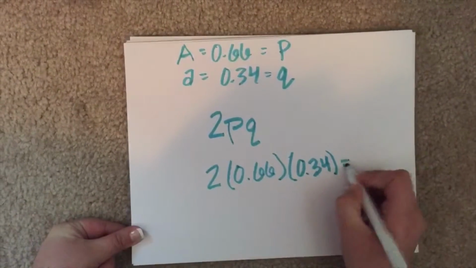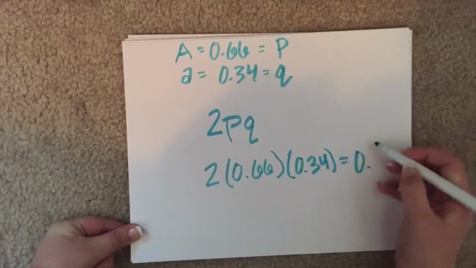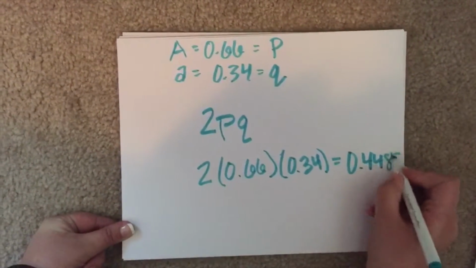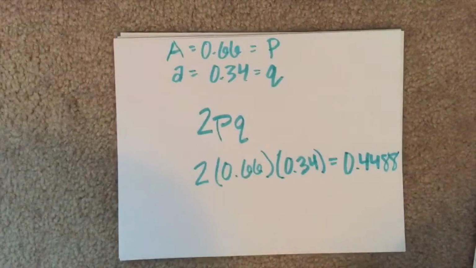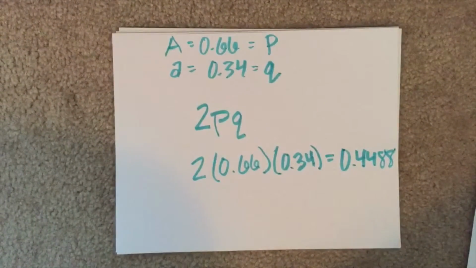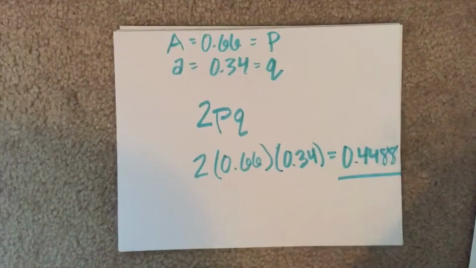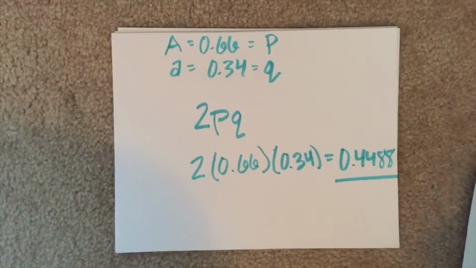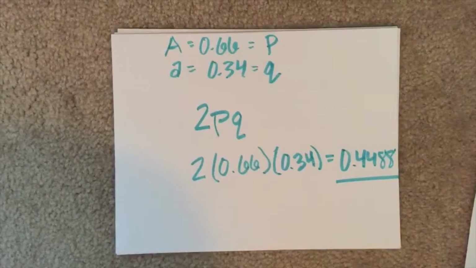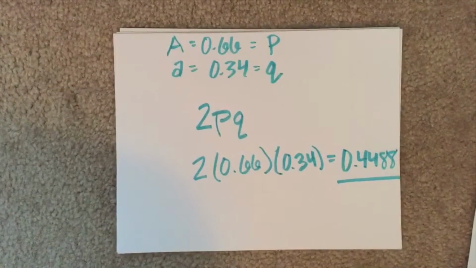This will give us a value of 0.4488. So overall, the genotypic value of the heterozygous genotype is 0.448. The reason that you use both allelic frequencies in this case is because one is trying to use the big allele and then a small allele within the genotype.